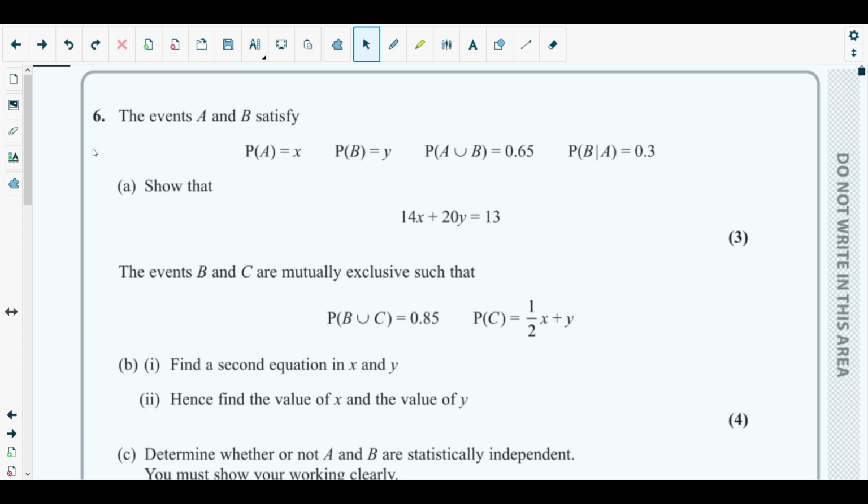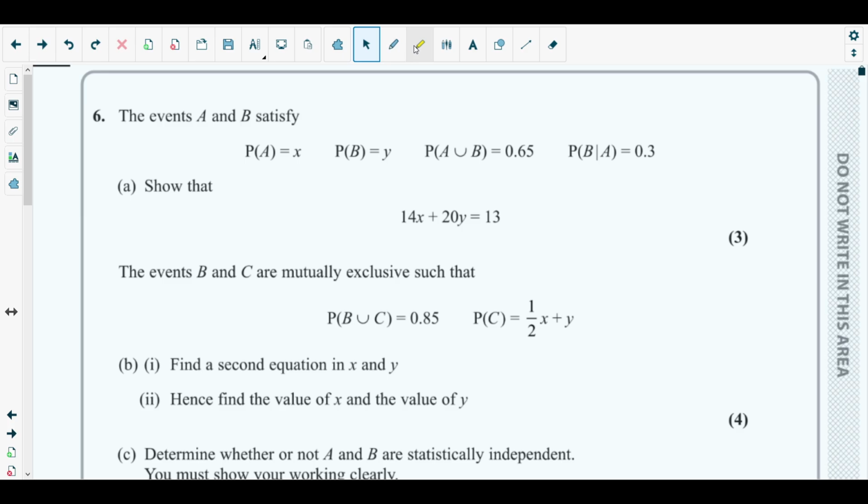To be more specific, you should have an idea about conditional probability, Venn diagrams, and intersection and union of events, and also some concepts from pure maths, that is solving and dealing with simultaneous equations, will also be needed here. So let's get started with question number 6.